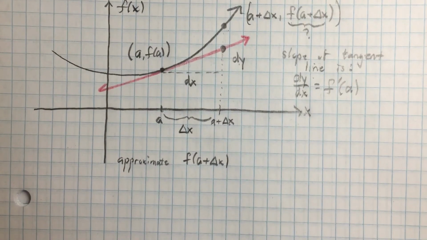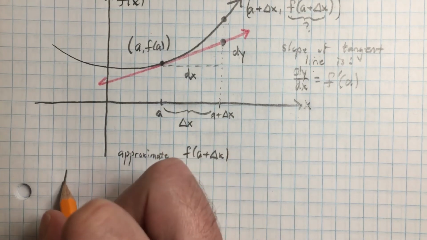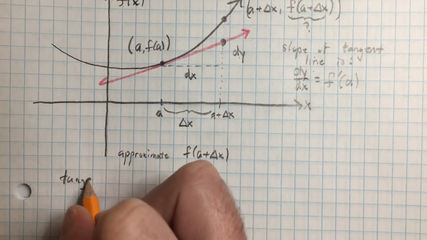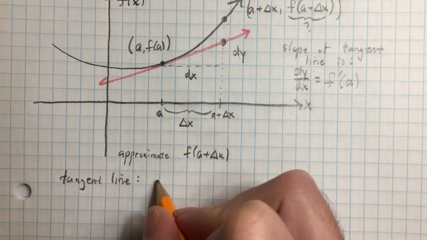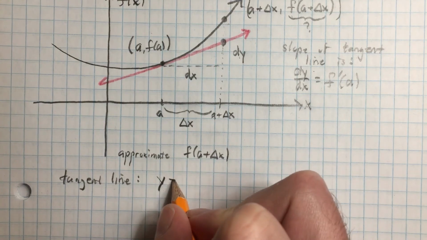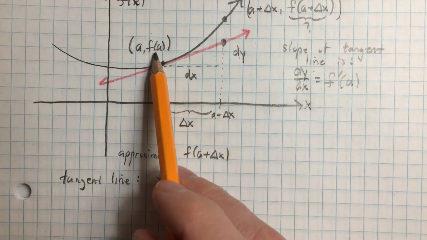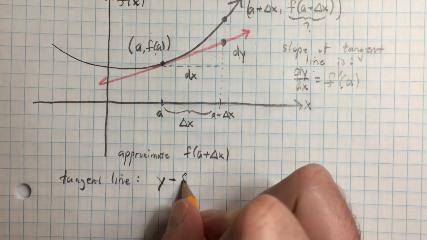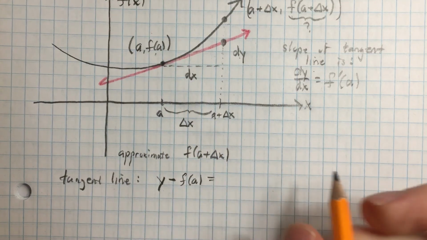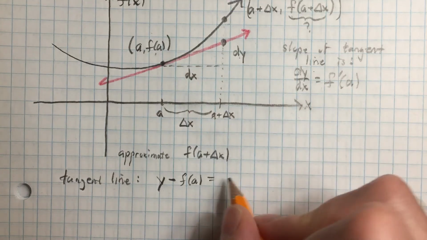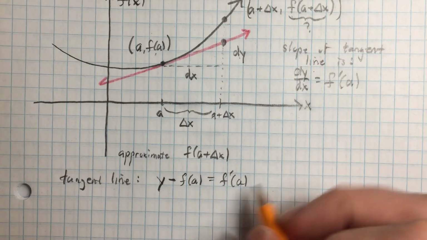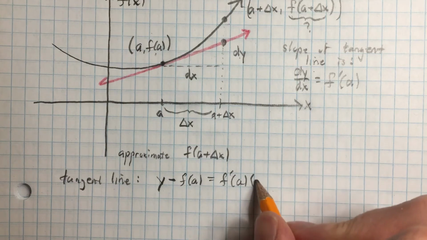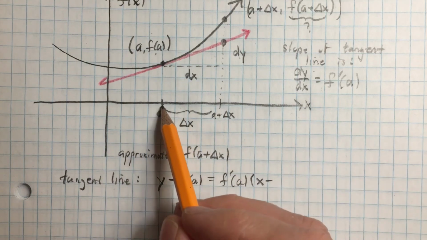So to construct the tangent line now, it should be that the tangent line itself should be the variable y minus the function location here, f of a, equals the slope of the tangent line. So that'd be f prime at a. This is something you've done many times, it's just I'm doing the abstract now. And then we'd have x minus the value a here, right?